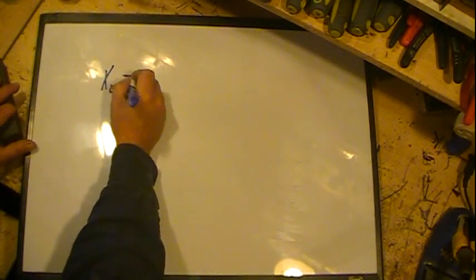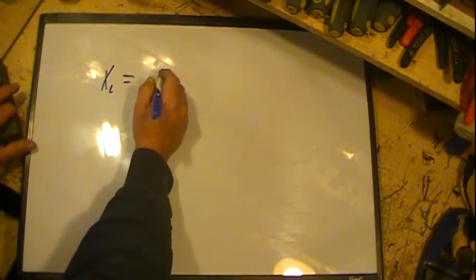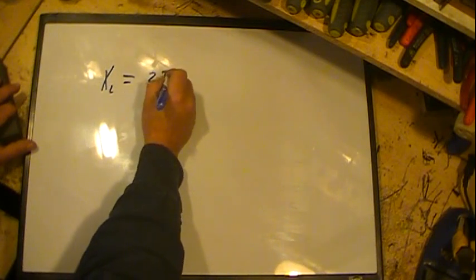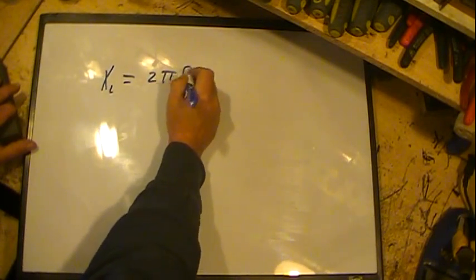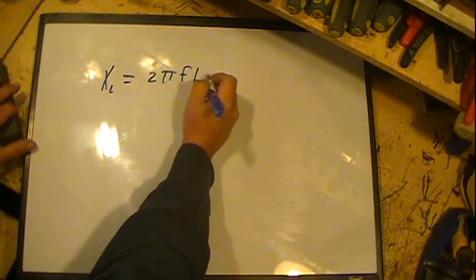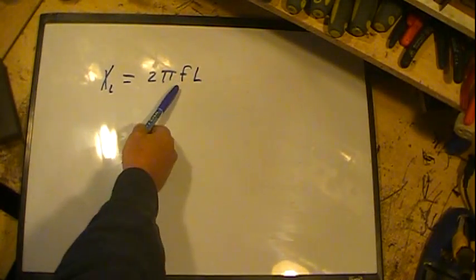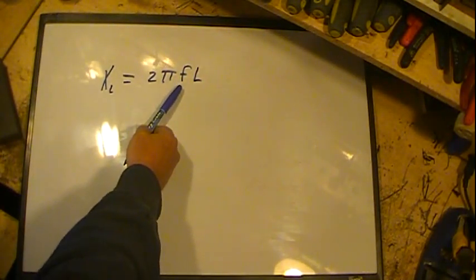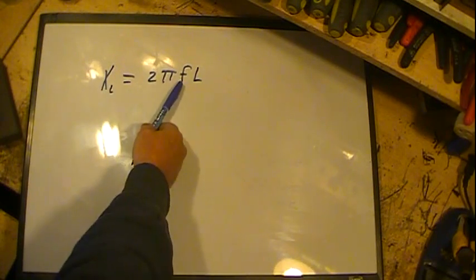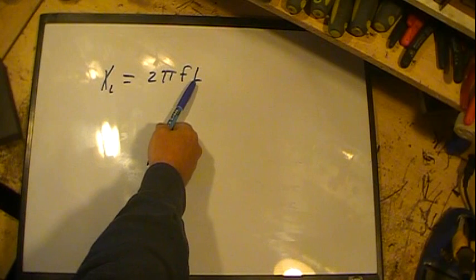So inductive reactance, I wanted to do a review on. I've already written these down once before in other videos. It is 2 pi times frequency times inductance. Frequency, in this formula, is measured in hertz or cycles per second. Inductance will be measured in henries.